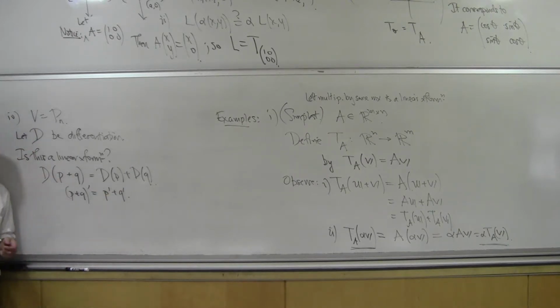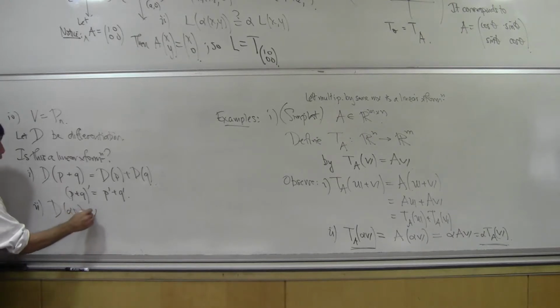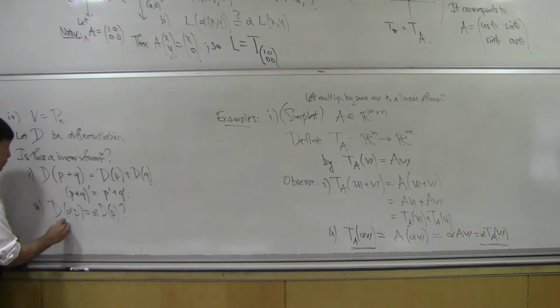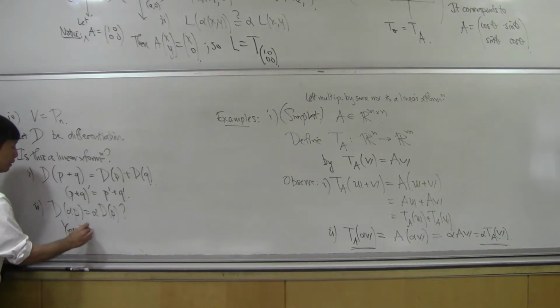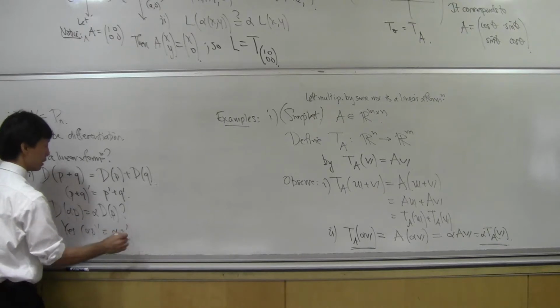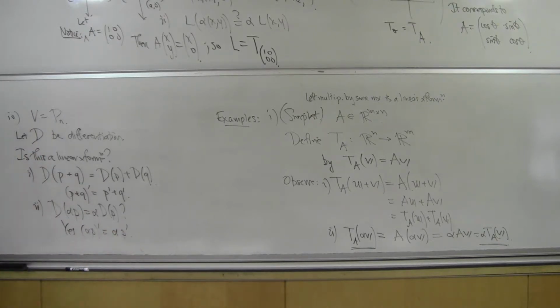That's something you saw in calculus. Is it true that the derivative of a scalar multiple is the scalar multiple of the derivative? Also true. So D is a linear transformation.